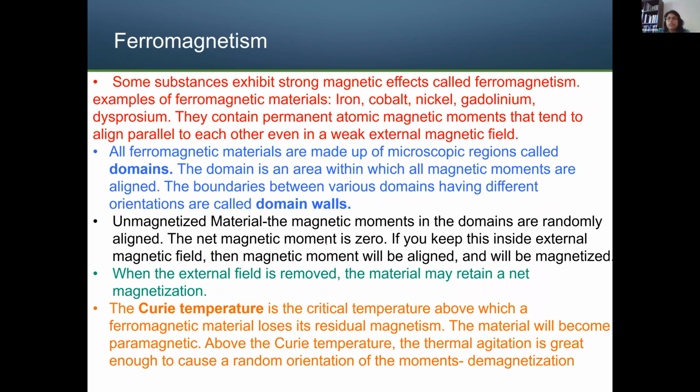Okay, so now since we know a little bit about what the magnetic moment is, this part will describe the different magnetic materials. The first one we're going to discuss is ferromagnetism, or ferromagnetic materials. Ferromagnetic materials basically have a magnetic effect that we can have in iron, cobalt, nickel, those kinds of materials, right?